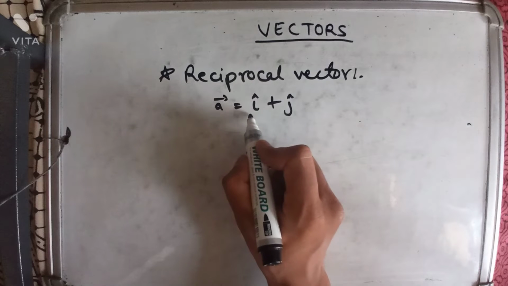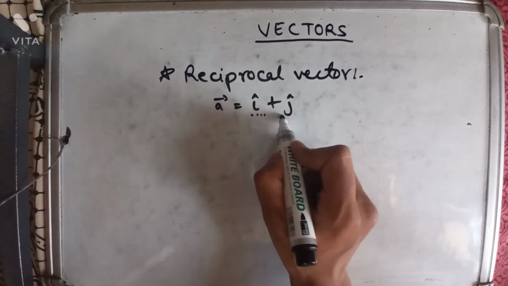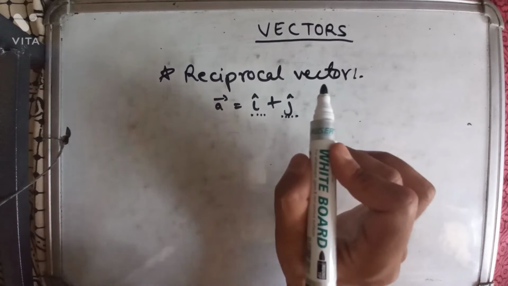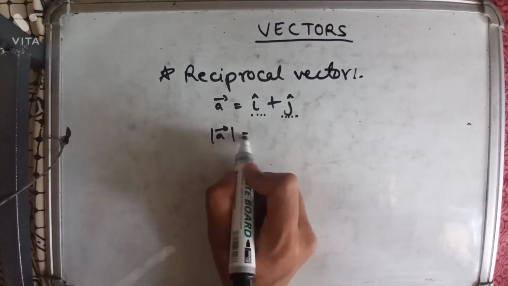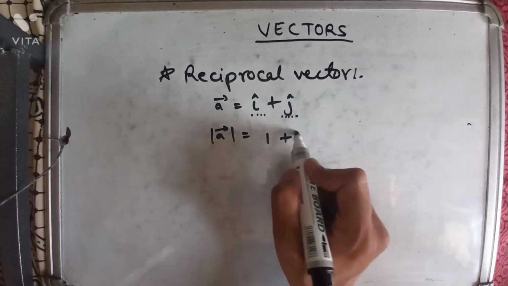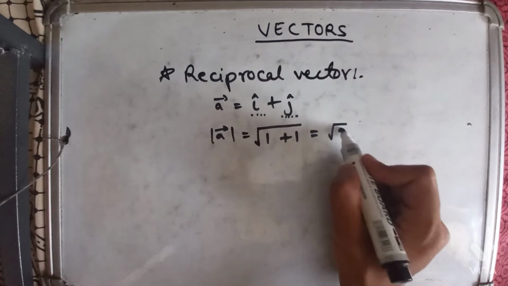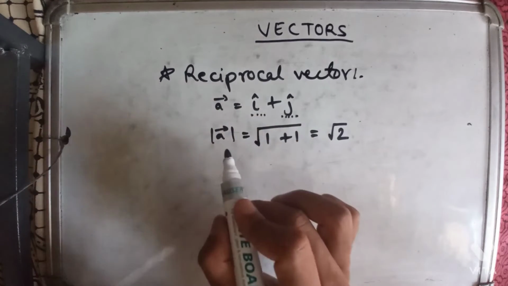Here i cap is the unit vector along the x-axis and j cap is the unit vector along the y-axis. So what will be the magnitude of this? As we know, these are unit vectors, so this has 1 as magnitude and this has 1 as magnitude, under root of this. So root 2 is the magnitude of vector a.